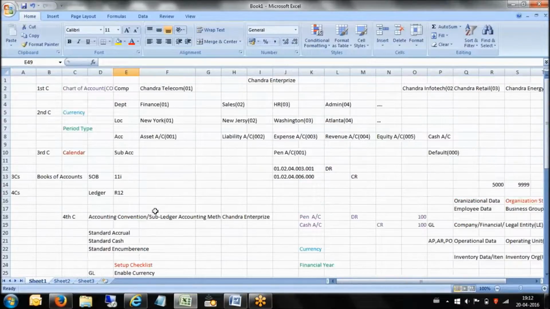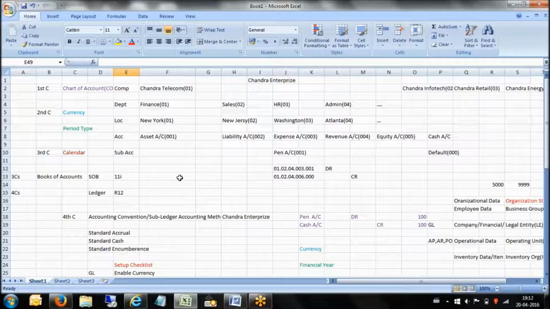So at least for the second scenario, where operationally I have to receive or pay in different currencies, that has nothing to do with the secondary ledger, as long as I define my multi-currency in the GL. In AP.